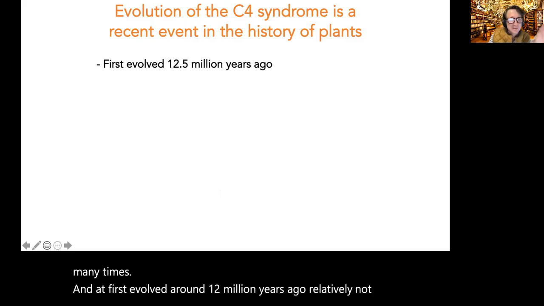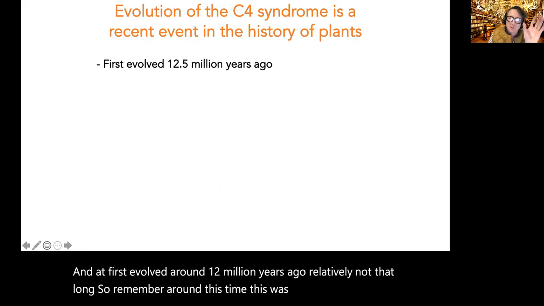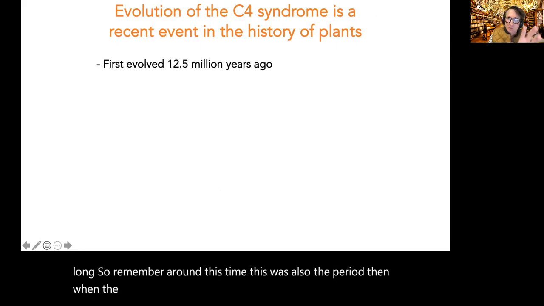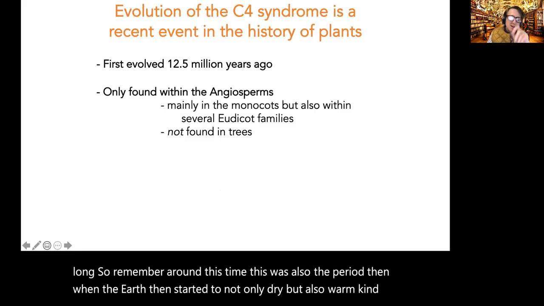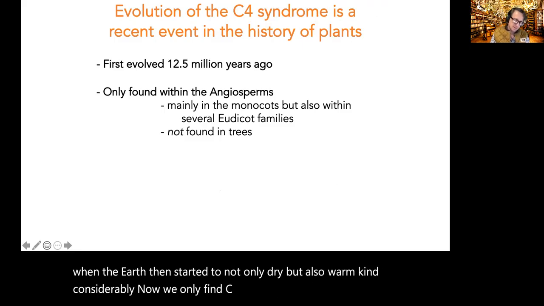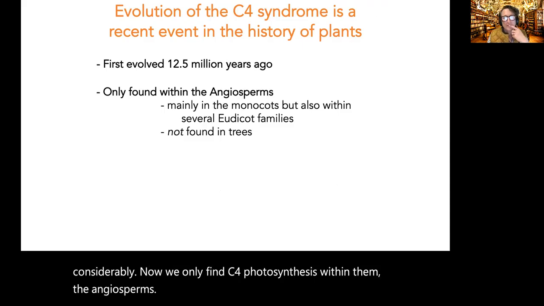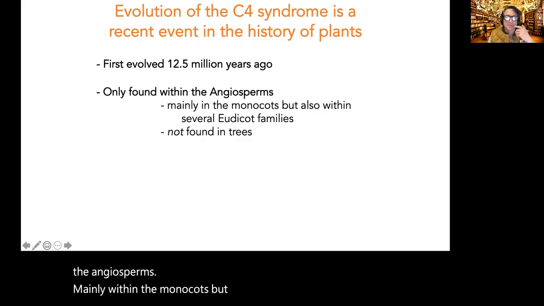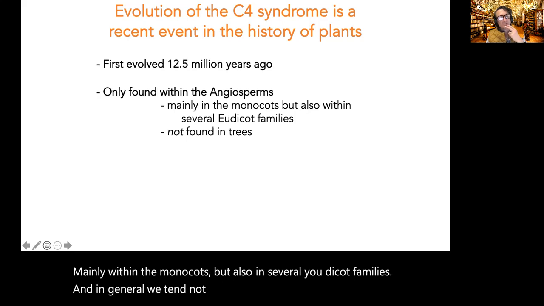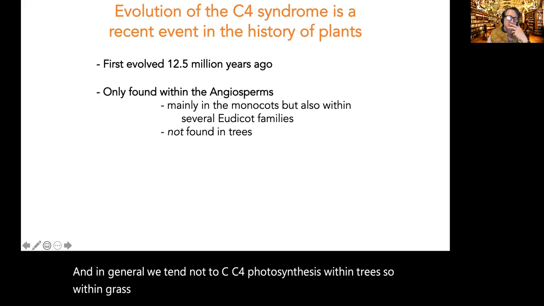So remember, around this time, this was also the period when the Earth started to not only dry, but also warm considerably. Now, we only find C4 photosynthesis within the angiosperms, mainly within the monocots, but also in several eudicot families. And in general, we tend not to see C4 photosynthesis within trees. So within grasses, herbaceous individuals, shrubs, and so on.